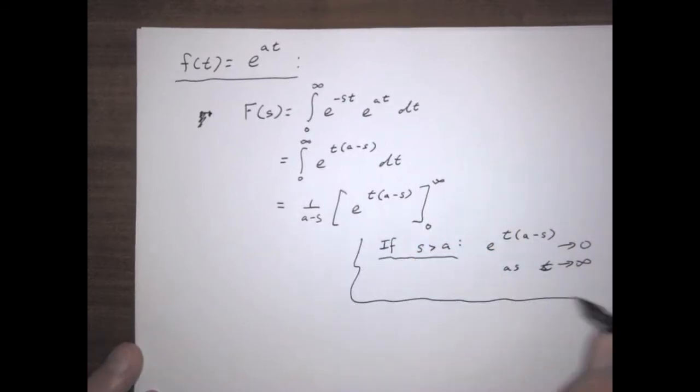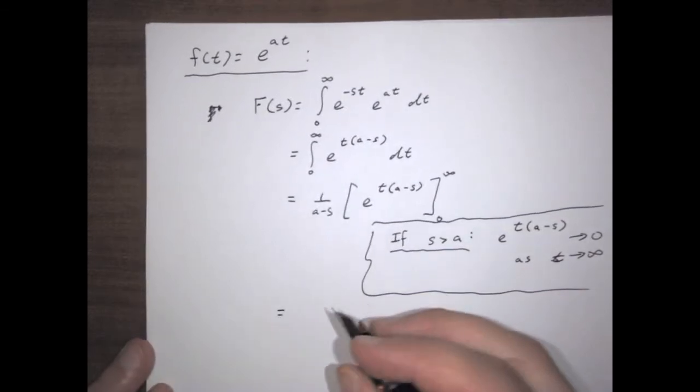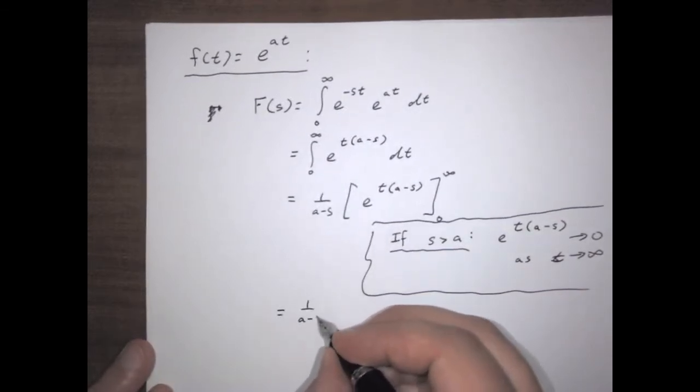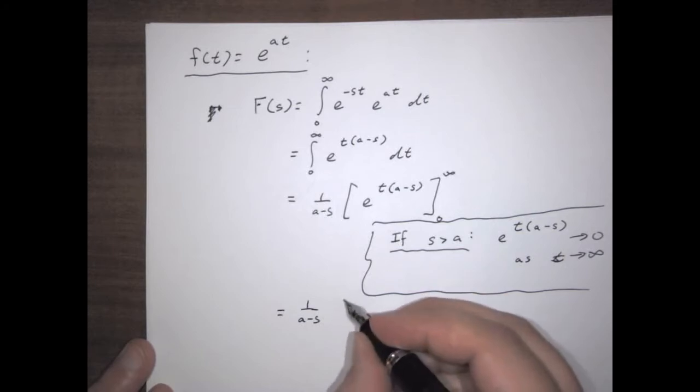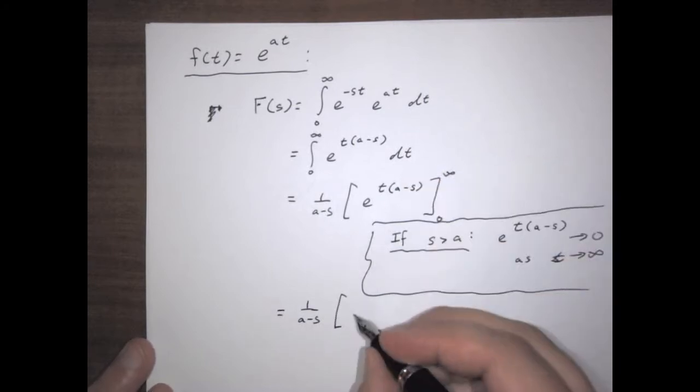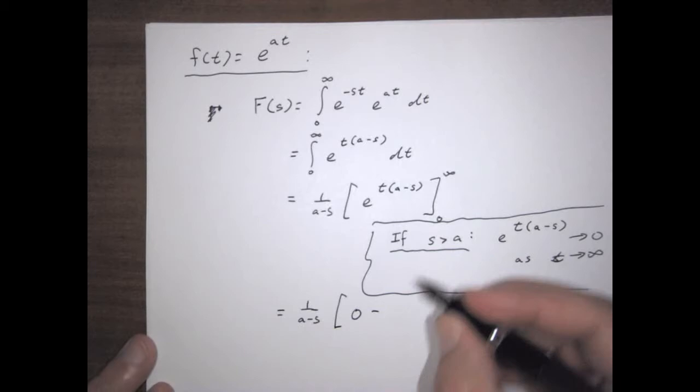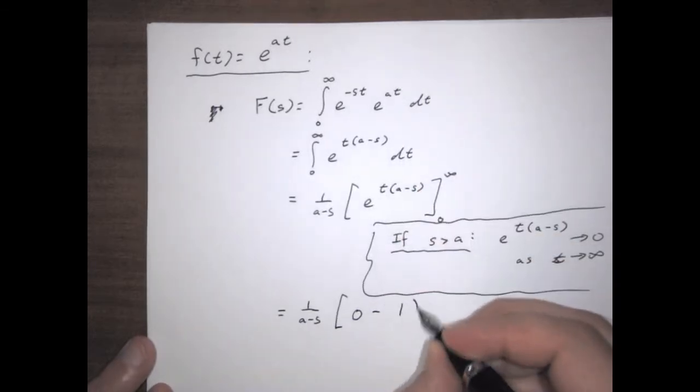So what that means is this is equal to 1 over a minus s times 0 minus, and then if I plug in 0 for t, this is going to be a 1.